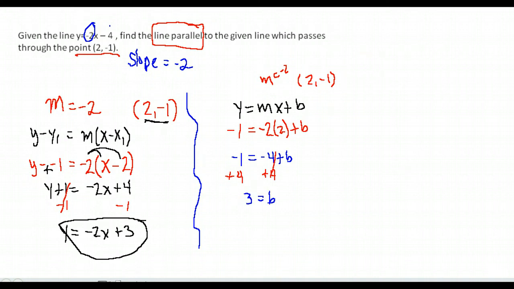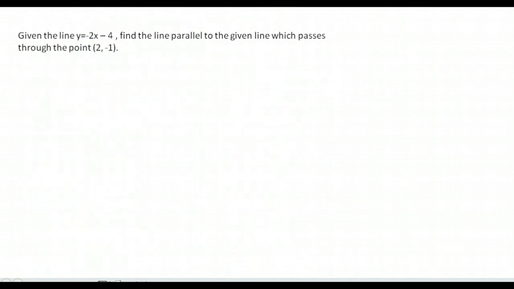Okay, so notice I get b equals 3, so I have the equation with a y-intercept of 3 and a slope of negative 2, which would look like this: y equals negative 2x plus 3. I believe the book presents it in the first manner, so that's the way I'll do the rest of the problems. If you prefer the second way, you're welcome to do it that way also.